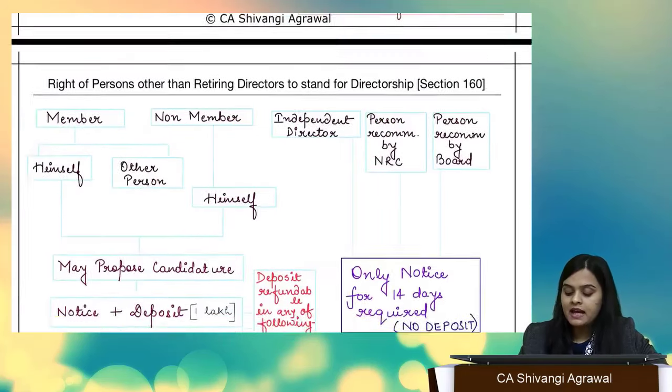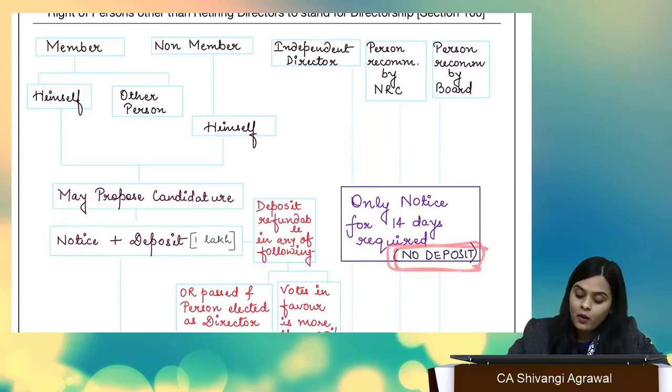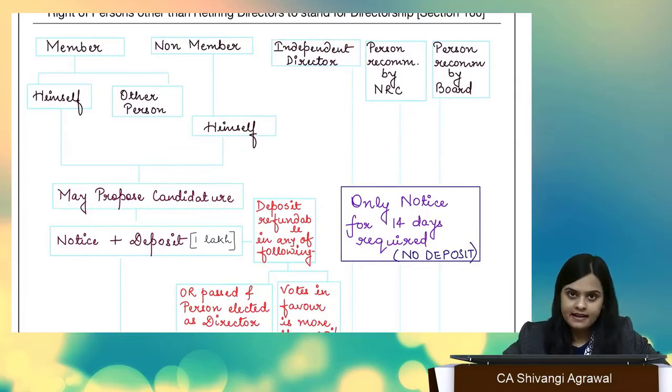Okay, fine ma'am. In certain cases, you don't need a deposit. Why? In what cases? In case of an independent director. If an independent director is proposing his own candidature, independent directors are anyway highly knowledgeable, highly professional, highly qualified people.